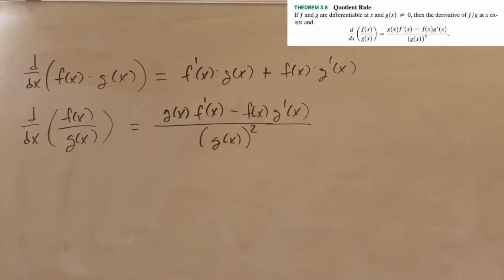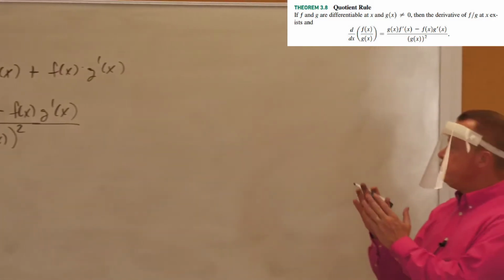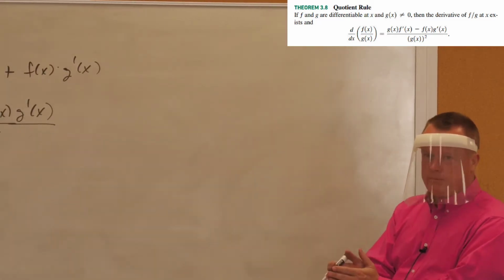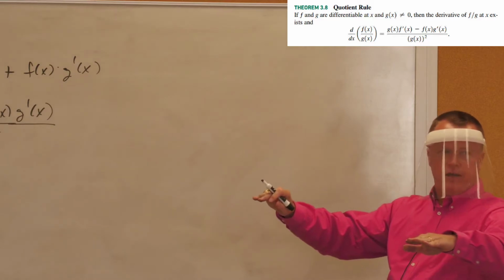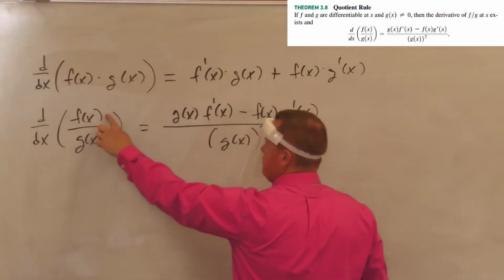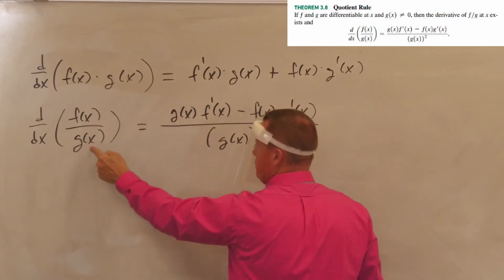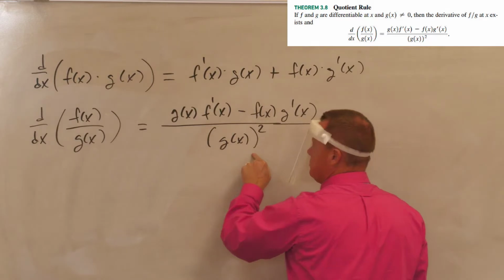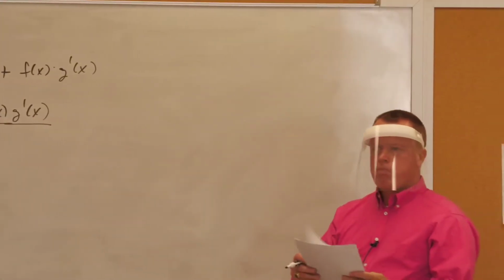Now, again, the main thing to remember is you have to have the right order of everything because you're subtracting and dividing. You always start with the bottom part of the fraction. So it's the bottom times the derivative of the top minus the top times the derivative of the bottom, and then divided by the bottom squared. And that is the quotient rule. All right, questions about that?